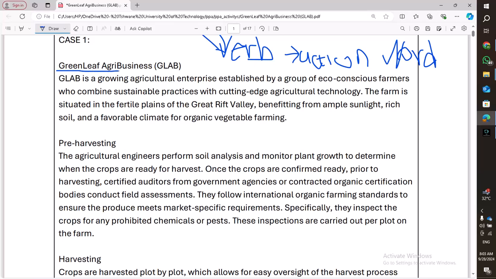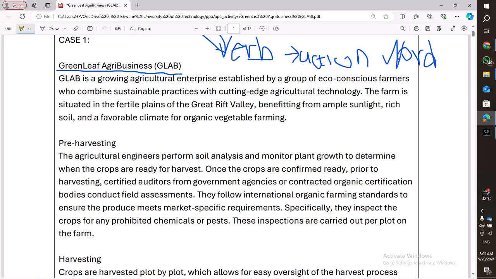Green Leaf Agriculture Business. What is the Green Leaf Agriculture Business? It is G-Lab. G-Lab is a growing agriculture enterprise established by a group of eco-conscious farmers who combine sustainable practices with cutting-edge agricultural technologies.